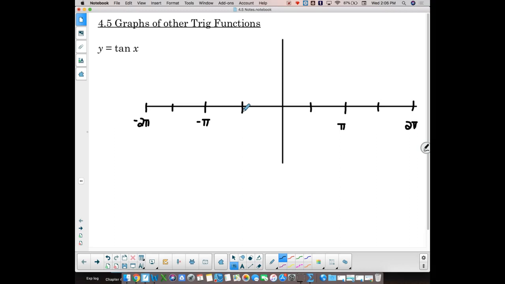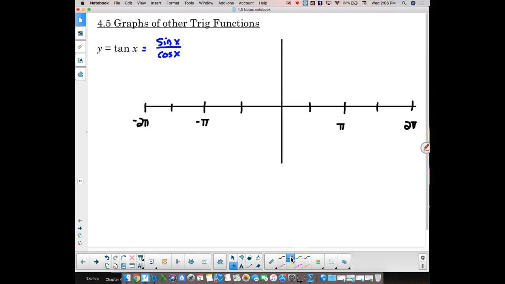So, my first question to you is this. What is tangent? What do you got, sir? Sine over cosine. Do we all agree with sine over cosine? Tangent is sine over cosine. So this is the sine of x over the cosine of x. Which on the unit circle is what?